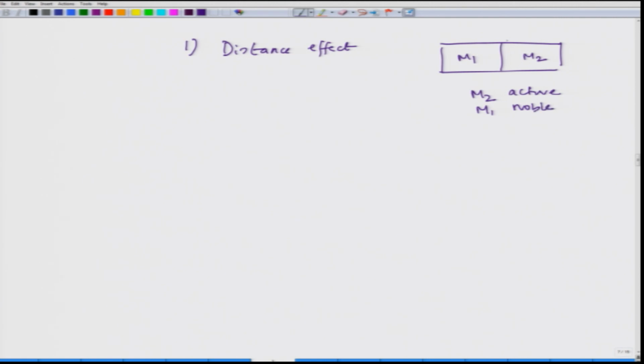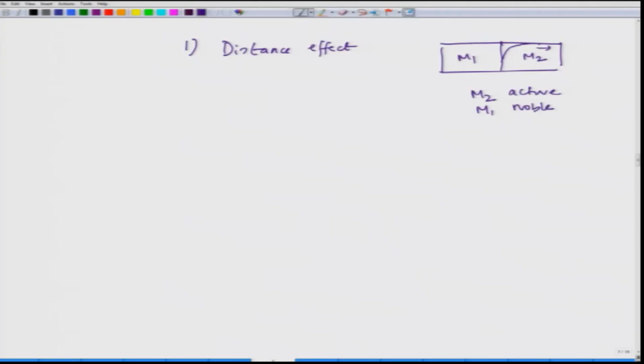Then the corrosion of metal 2 would take place preferentially, but the corrosion would be more at the interface rather than away from the joint interface. Because as we go more and more distant from the joint where the galvanic couple is formed, you have more resistance for the electron flow as well as charge flow. That is why the corrosion rate reduces as we go away from the joint interface.